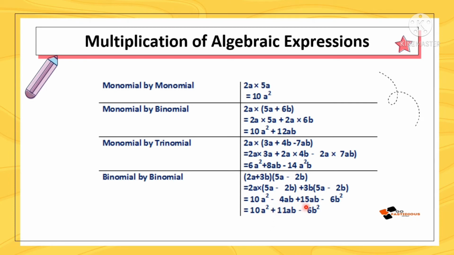So they are like terms, and we can solve them. Minus plus is minus, so take the sign of the bigger number, which is 15, that is 11ab, and minus 6b square will remain as it is. So this is the multiplication of algebraic expressions.